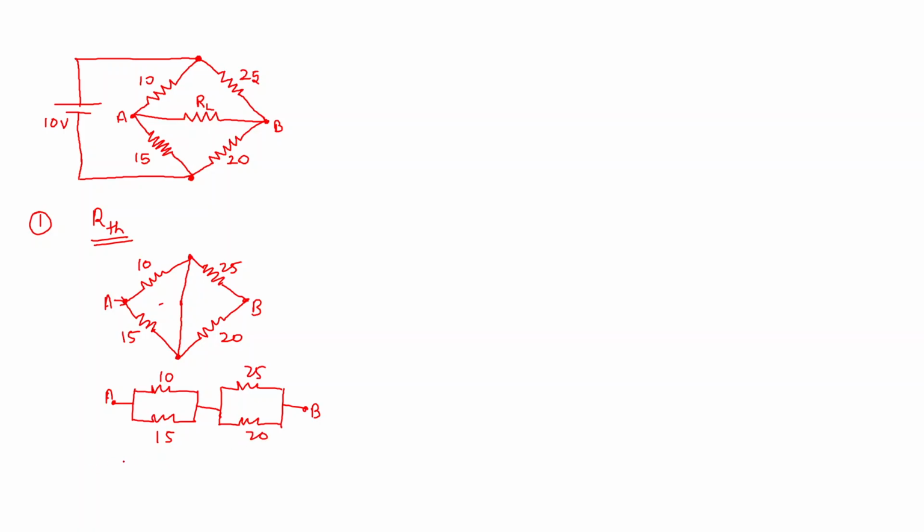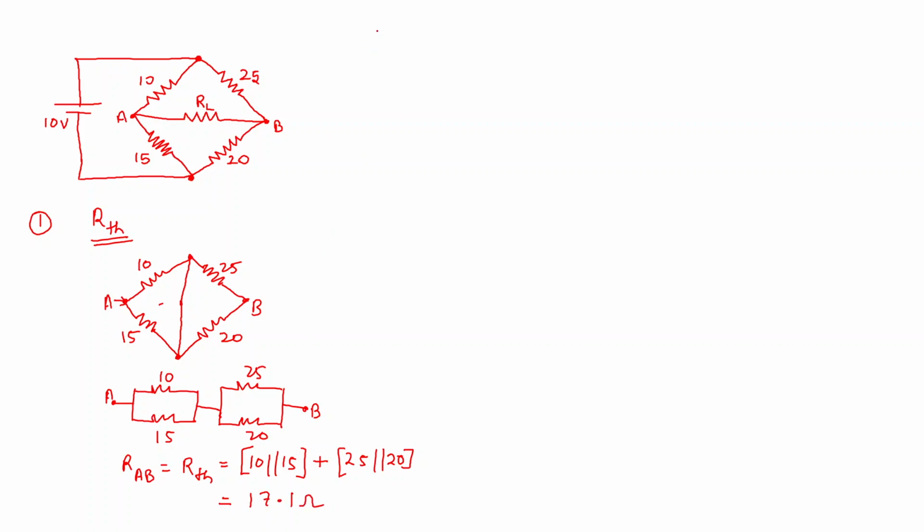So resistance RAB, otherwise called Thevenin's resistance, is obtained by 10 parallel with 15, which means 10 into 15 divided by 10 plus 15, plus 25 in parallel with 20, which we will get as 17.1 ohms.